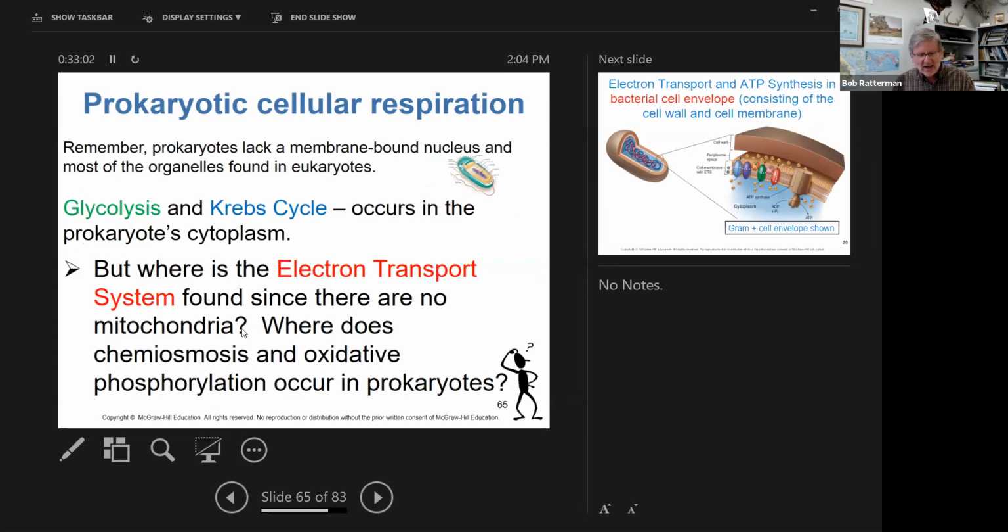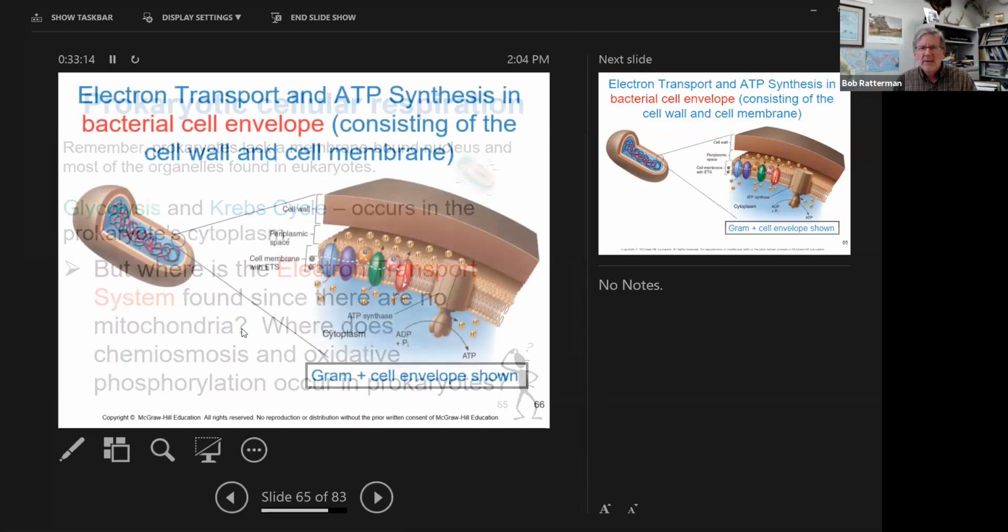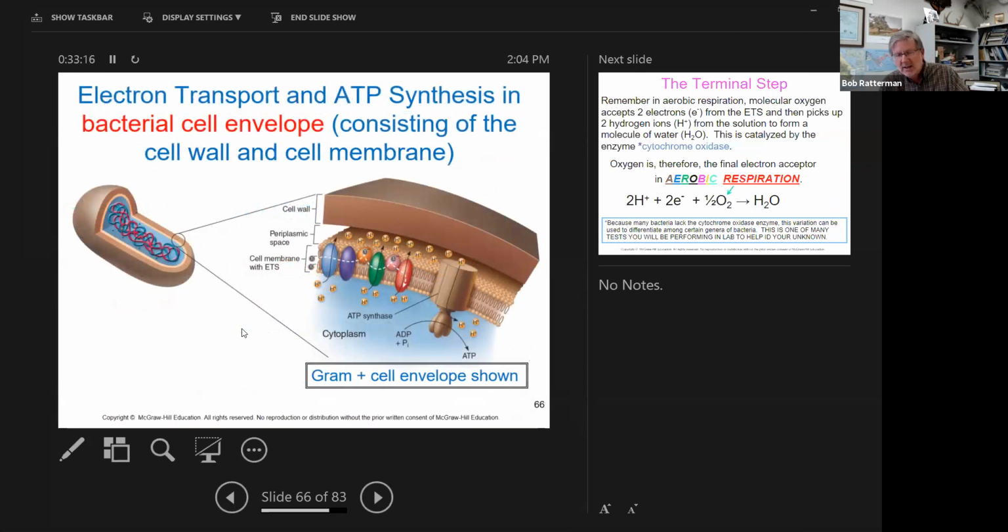Prokaryotes lack organelles that are found in eukaryotic cells, other than what organelle, maybe you could argue? Ribosomes. Right. So here's the answer to the question. Where does electron transport take place in a bacterial cell that lacks mitochondria? It's here in the cell membrane.